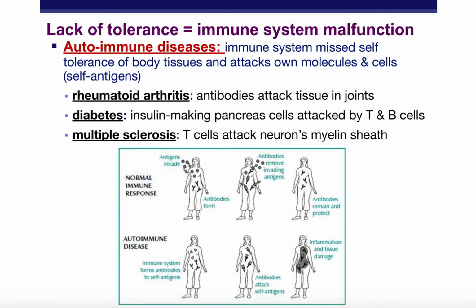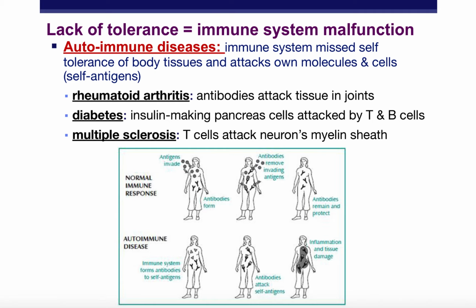Well, if you don't prevent B cells and T cells that attack you from disappearing, those B cells and T cells are going to stick around and eventually destroy your own organ tissues. So, for example, arthritis occurs when B cells are made that attack the tissues in your joints, so your knuckles and joints start getting achy and swollen.